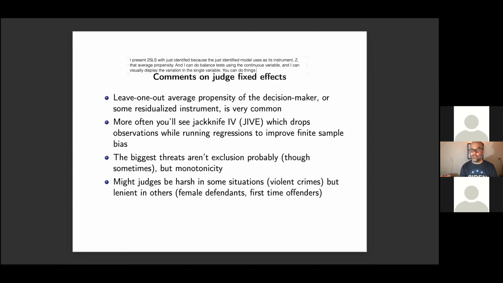You could do things with the fixed effects too. It's just that visualizing balance for 60 judges, or estimating balance for 60 judges, is a little harder, and visualizing variation is harder. So I do both, and so far it's been robust to both. Okay, just putting that out there though.